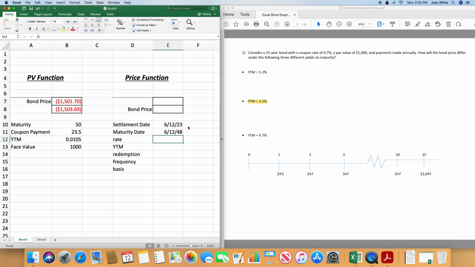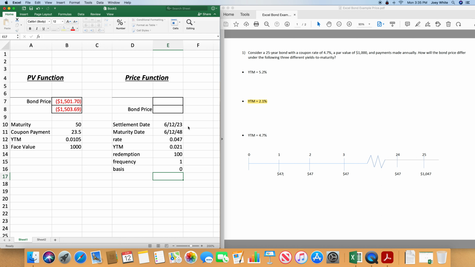The rate is our coupon rate, so in this case that's 0.047. Yield to maturity is 2.1% or 0.021. Redemption, as I said, if there's no default on any of the par, you just always put 100. Then the frequency, we'll start off with annual frequency and then change it to semi-annual. So we'll put 1, and basis we'll put 0.